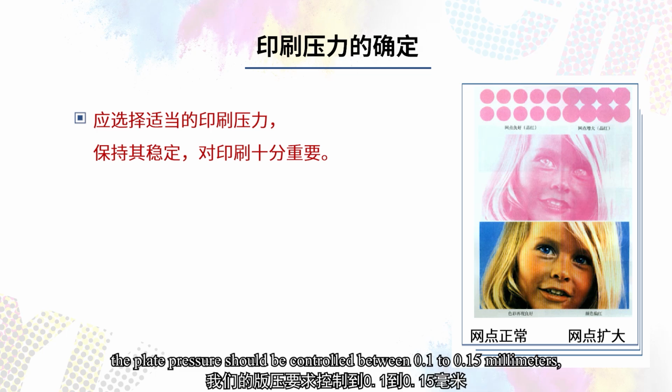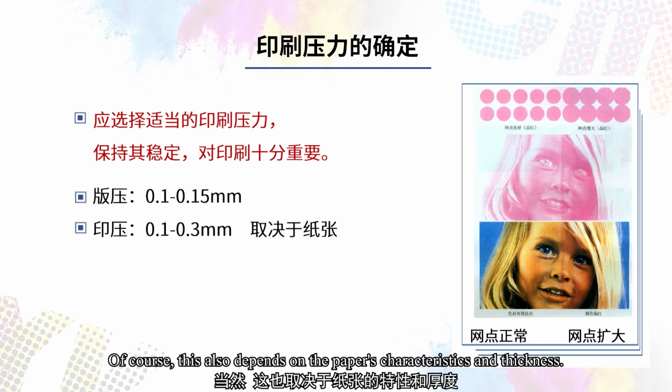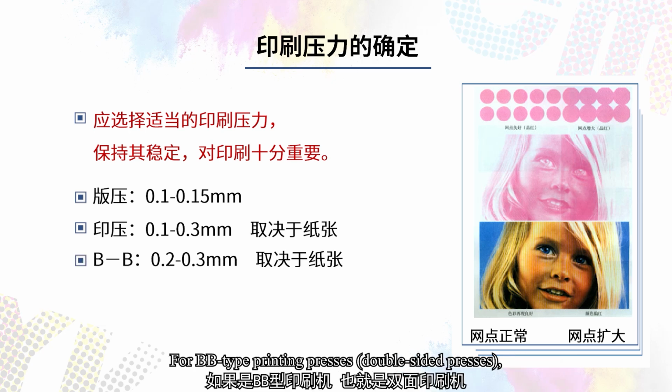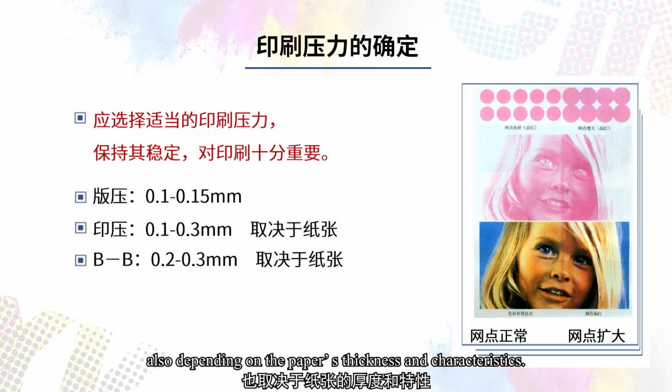Generally, the plate pressure should be controlled between 0.1 to 0.15 millimeters, and the impression pressure between 0.1 to 0.3 millimeters. Of course, this also depends on the paper's characteristics and thickness. For BB-type printing presses, double-sided presses, the pressure is controlled between 0.2 to 0.3 millimeters, also depending on the paper's thickness and characteristics.